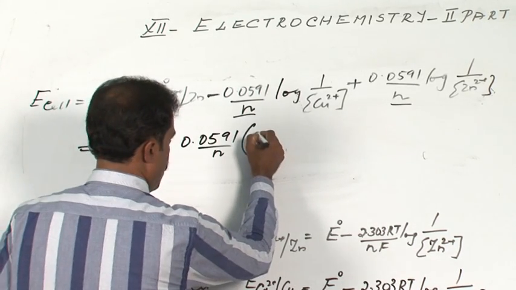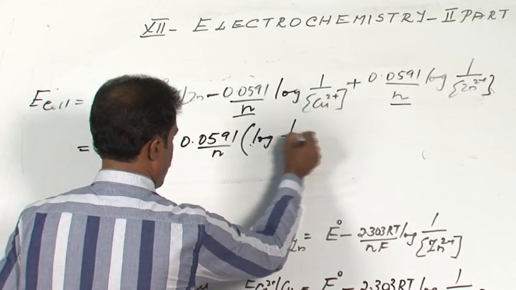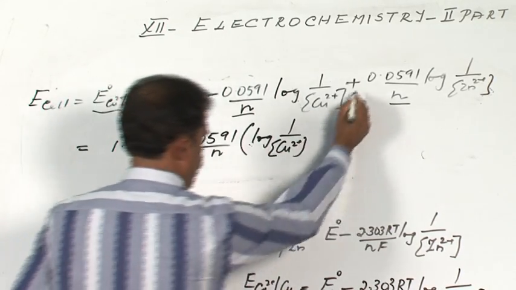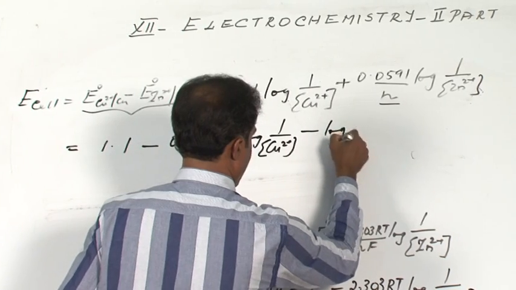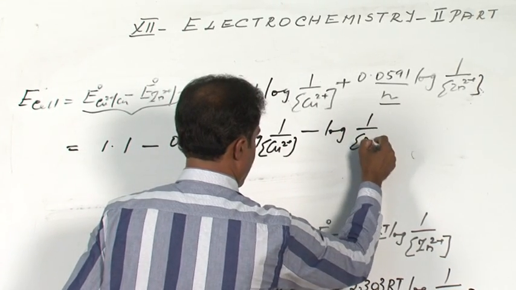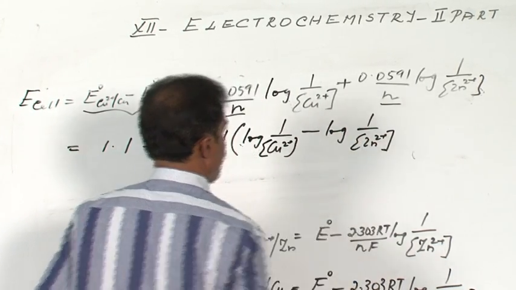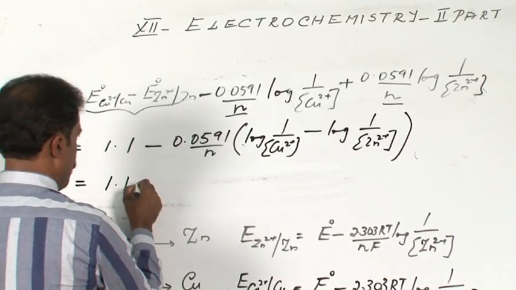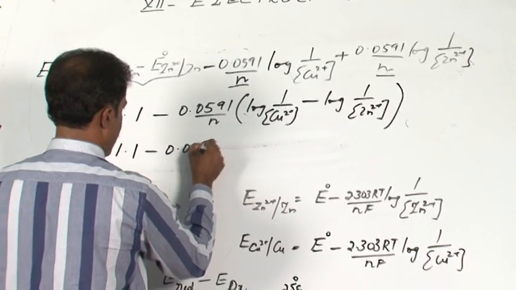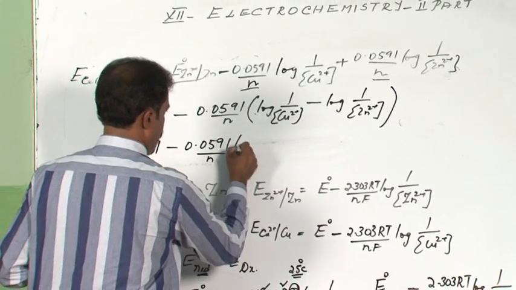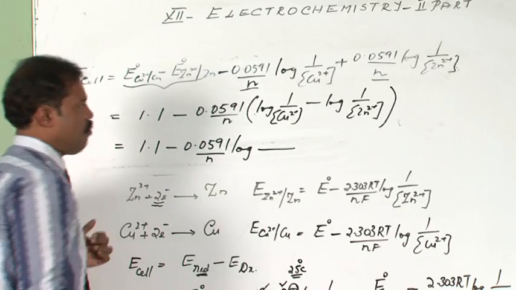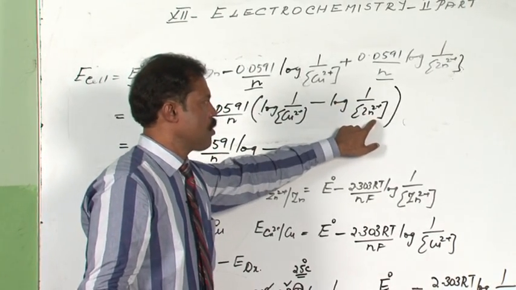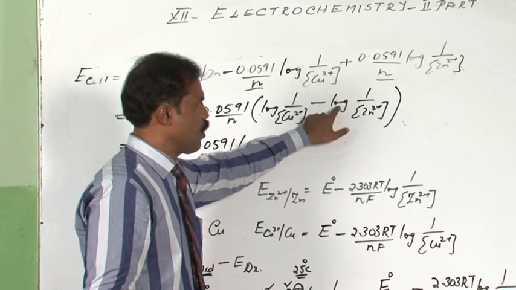So this comes out to be log of 1 by Cu2+, since minus is outside, this will become minus log of 1 by Zn2+, which can be written as 1.1 minus 0.0591 divided by n log of... minus of log 1 by Zn2+ becomes plus of log Zn2+.